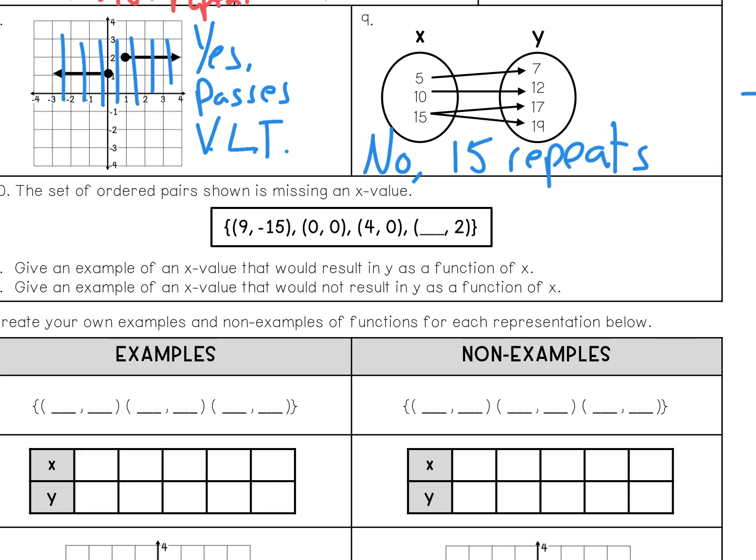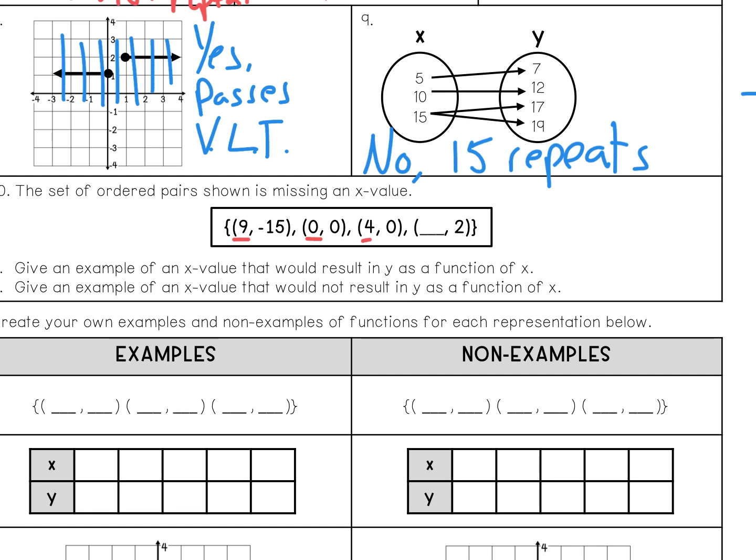So x can't repeat. So what can x not be? It can't be 9, 0, or 4. So give me anything else. 6. So if I put 6 in there, is that still a function? Yeah, because 9, 0, and 4 did not repeat.